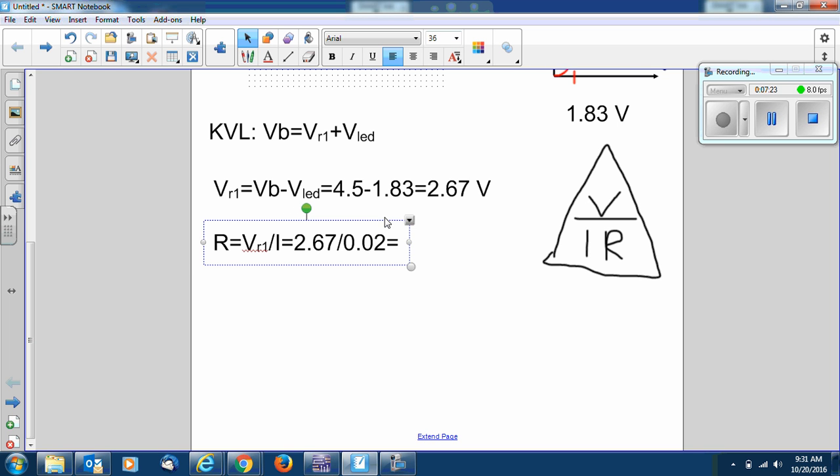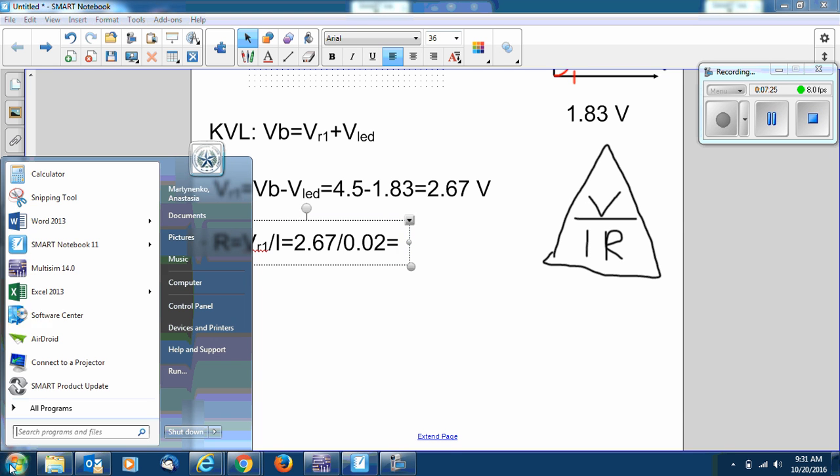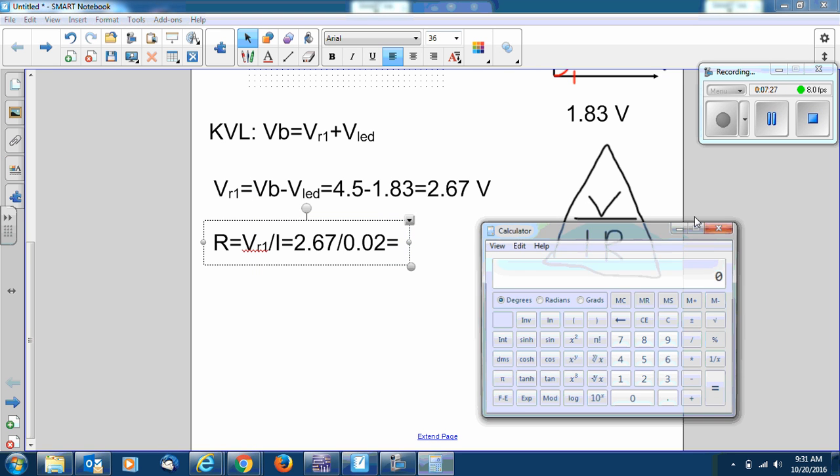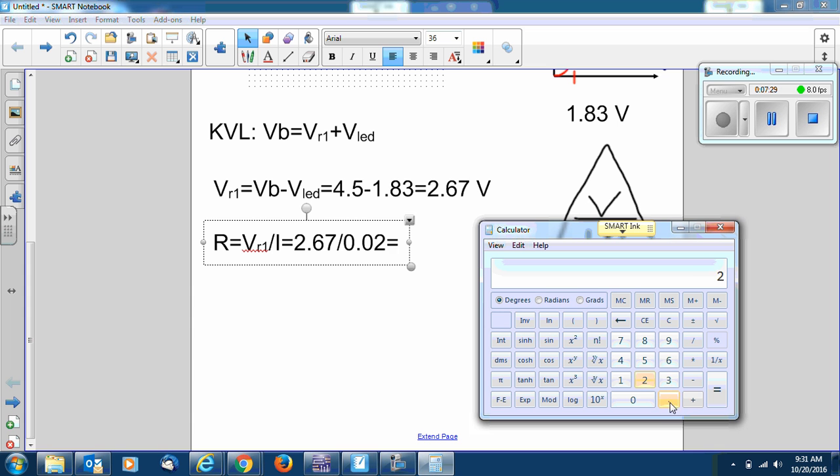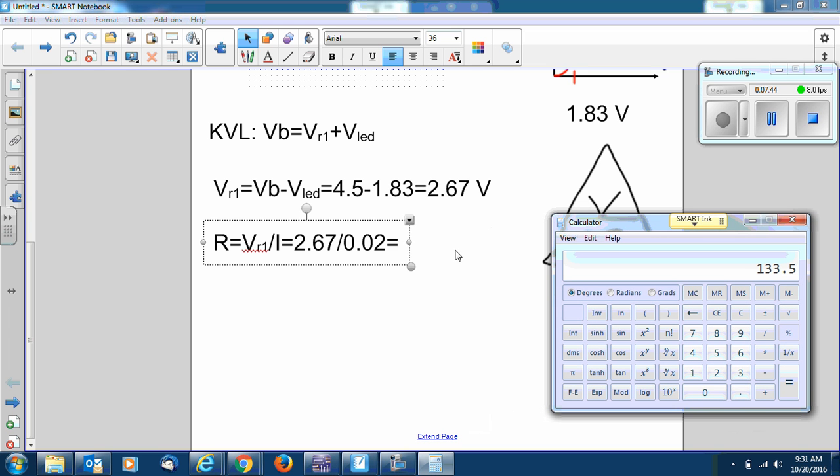And when I run the calculation, let's see, I've got 133.5 ohms. Now, I always ask for three significant figures unless I ask otherwise.